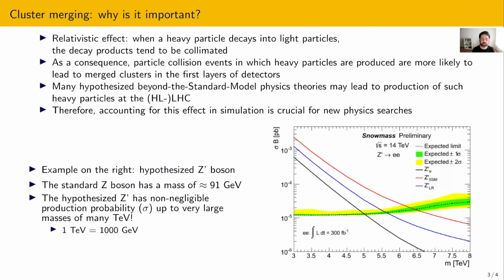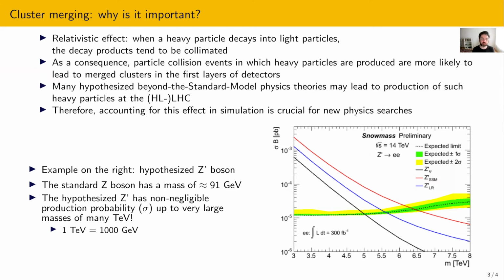Now, why is it important? First of all, there's an effect due to relativity that goes like this. When a heavy particle decays into lighter particles, the decay products will tend to be collimated in the direction of flight.